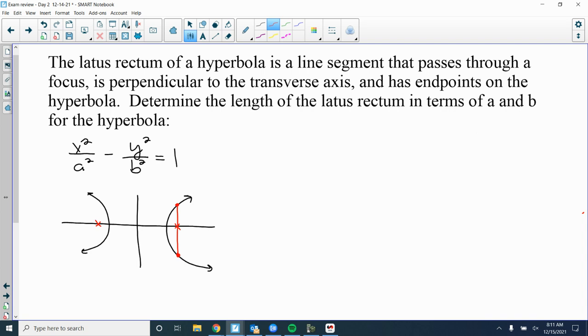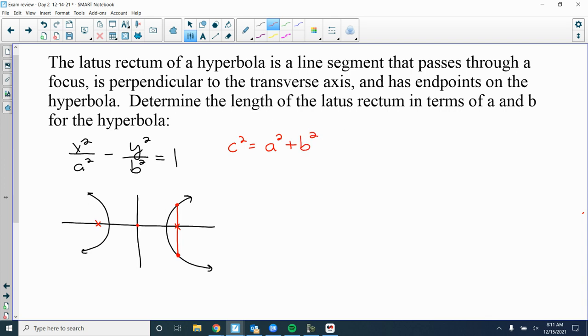We're looking for that line segment. Well, what is the distance from the center to the focus? What value is that? That is always the c value. And in a hyperbola, c squared equals what? a squared plus b squared.